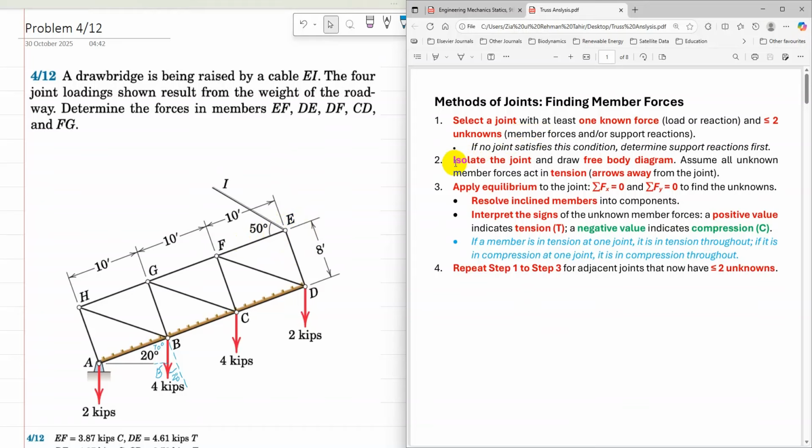So then I need to isolate the joint, draw its free body diagram by assuming all unknown member forces in tension, arrows away from the joint, and then apply conditions of equilibrium by resolving inclined members into their components.